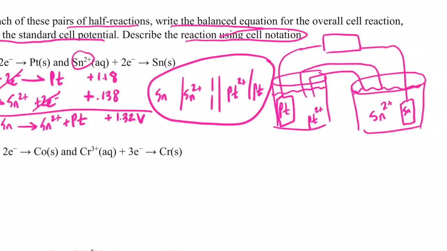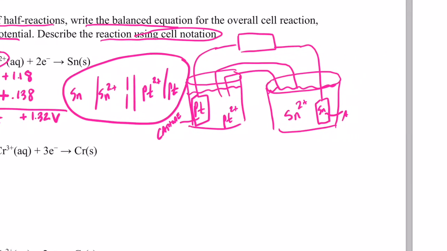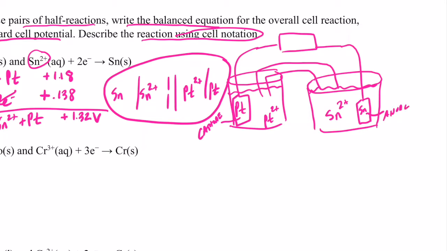All right, so since this platinum was reduced, that's my cathode. And the tin was oxidized, that's my anode. And the electrons will move from the anode towards the cathode. And as they do that, my voltmeter should give a reading of 1.32 volts. Those moving electrons now we can put to work. And in this case, it's just operating our voltmeter.